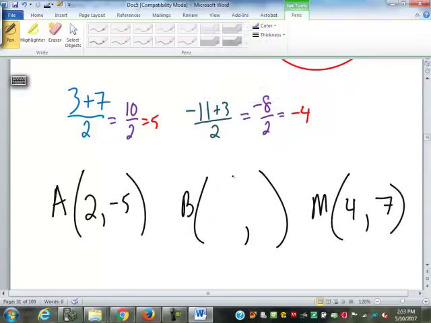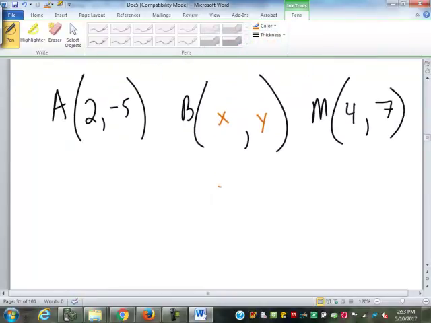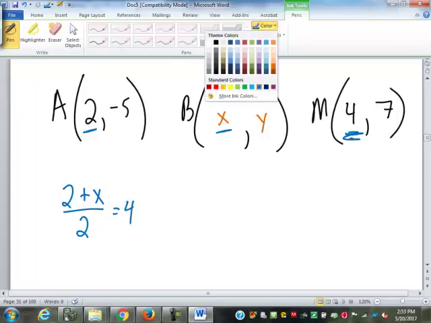So I'm just going to label point B here as x and y for those missing points. I know that I find the x-coordinate of the midpoint by averaging these x-coordinates. So it's 2 plus x over 2 has to equal the 4. And now I solve the equation. What do I do first?